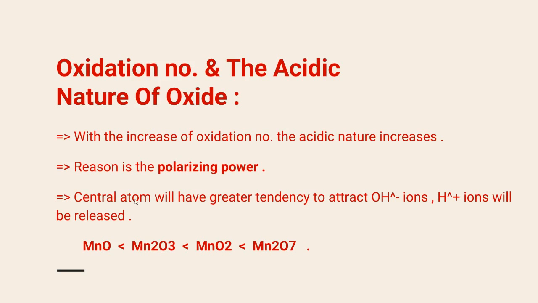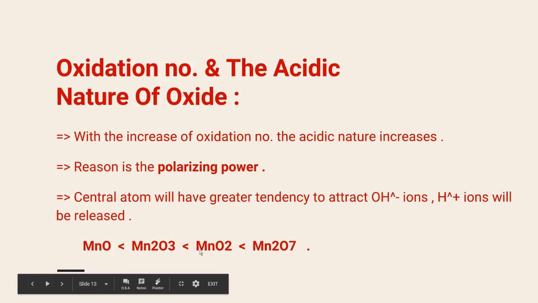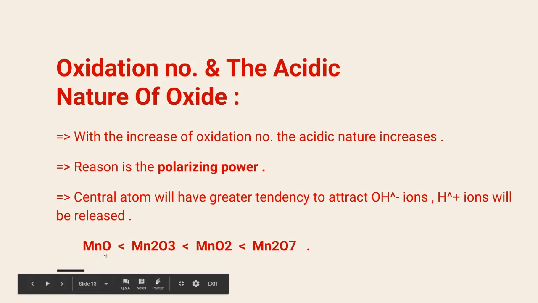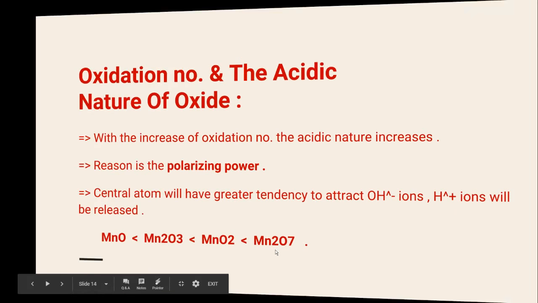When the polarizing power of the central atom increases, it has a greater tendency to attract OH negative ions, that is the hydroxide ions, and H positive ions will be released in the solution, and the solution will become acidic, because an acid is a species that forms H positive ions in aqueous solutions. In the case of manganese, we have manganese oxide, manganese dioxide, manganese trioxide, and manganese heptoxide, in ascending order of oxidation state.